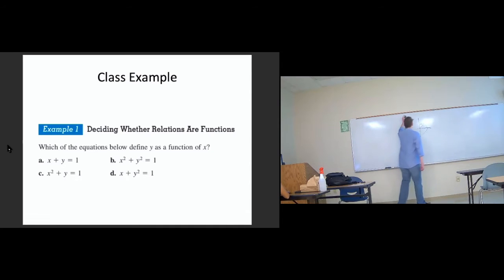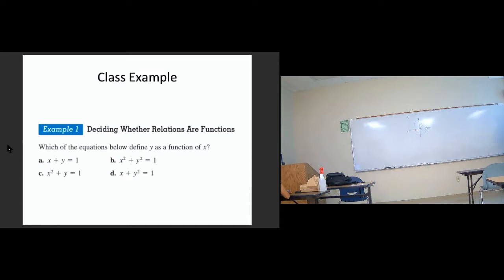This is just B. If we put in one x value, we get out two y values. So let's put in 1/2, negative 1/2. Negative 1/2 is equal to x. Well, we get out two different y values. So B can't be a function.